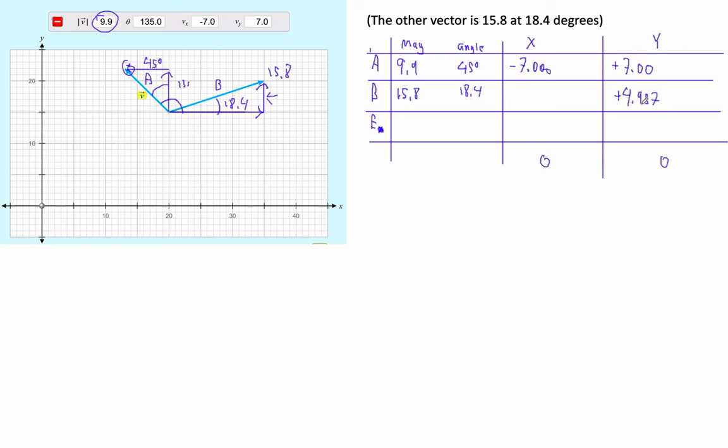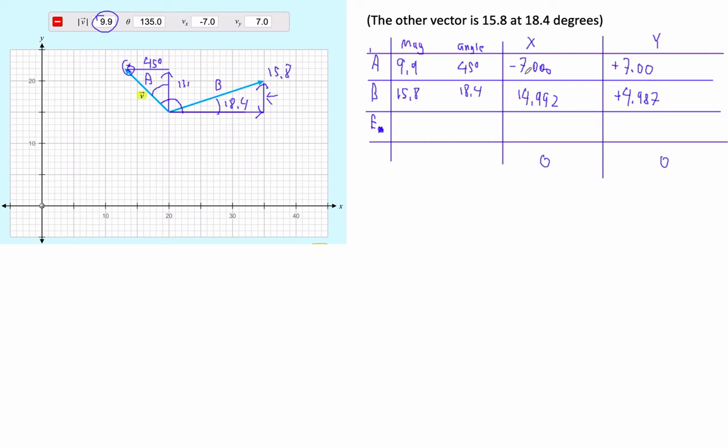Okay, so that's my positive value there. And then let's figure out the x is going to be bigger, right? That's going to be 15.8 cos 18.4. And that's 14.99, 992 or something like that, right?